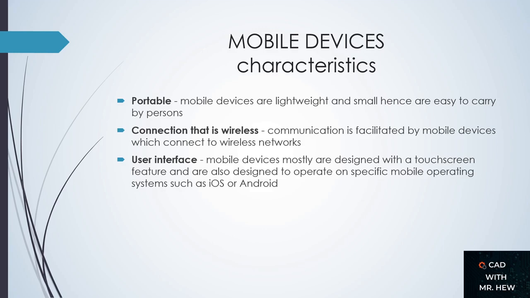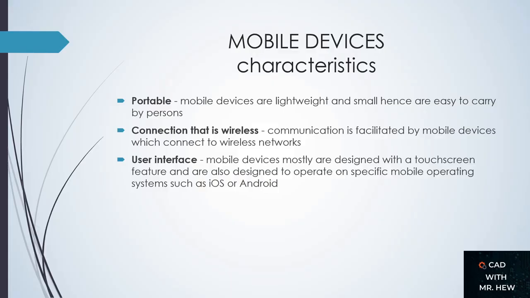Let's look at the characteristics of mobile devices. First, the first characteristic is portable. Mobile devices are lightweight and small, hence they are easy to carry by persons who are using them. Next, wireless connection.